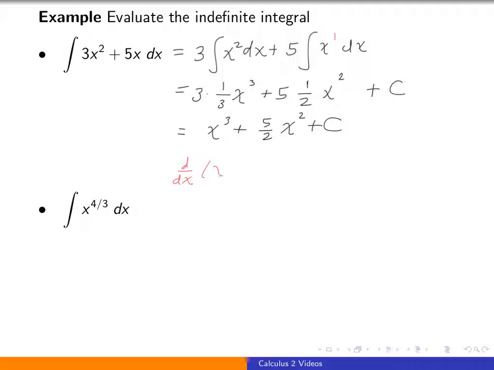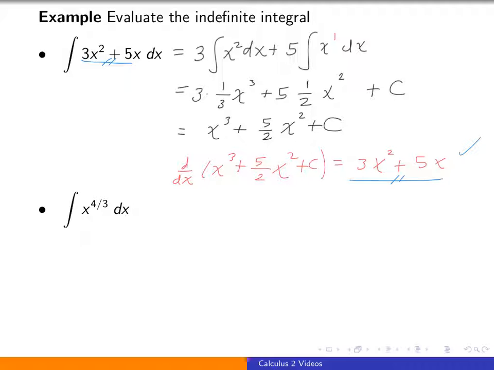If we were to differentiate x cubed plus 5/2 x squared plus c, the power rule tells us 3x squared plus 5/2 times 2x, so 5x, and the derivative of a constant is 0. And note, 3x squared plus 5x is exactly our integrand function. So our work is correct.